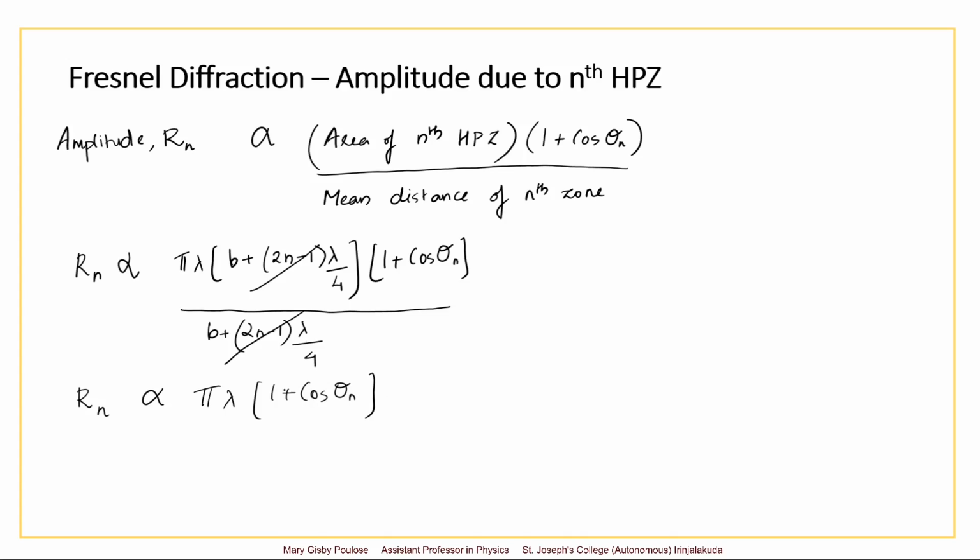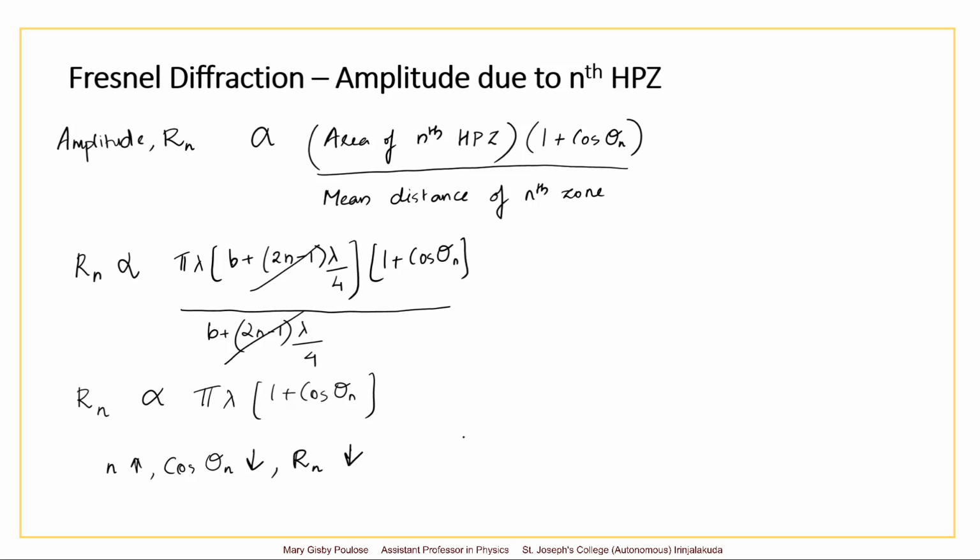Here we understand that as the order of the half period zone increases, as n increases, the inclination factor from that zone will decrease. That is, cos theta n will decrease. As n increases, cos theta n will decrease, the inclination factor will decrease, and hence the amplitude from that zone will decrease.